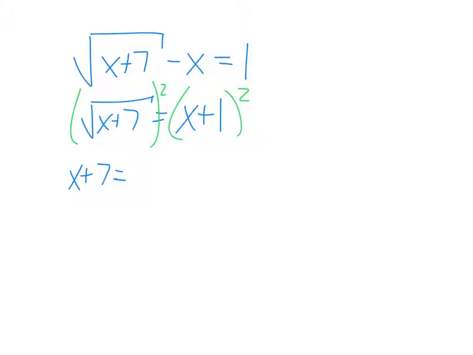No, not that. When you're squaring, what does that mean to do? Multiply it by itself. How do you multiply these things by itself? You better FOIL. X plus 1 and x plus 1. When you do that, what do you get?